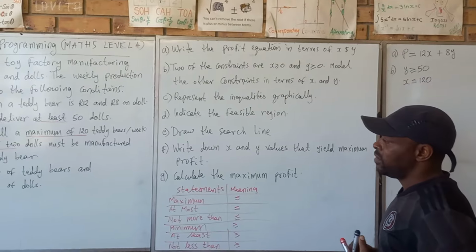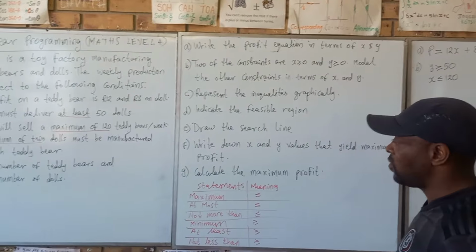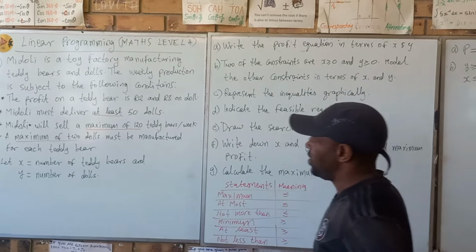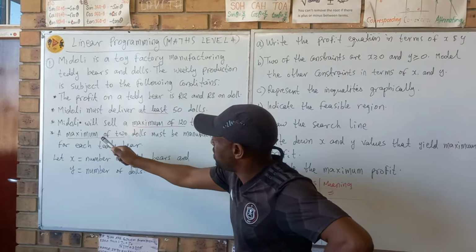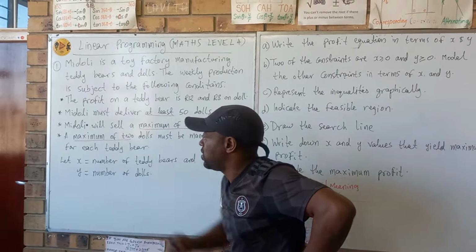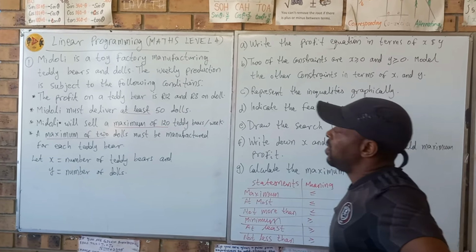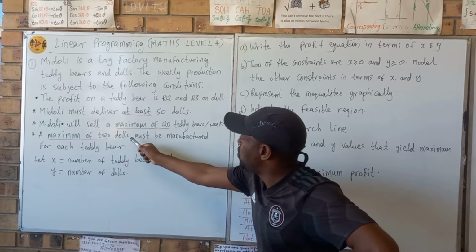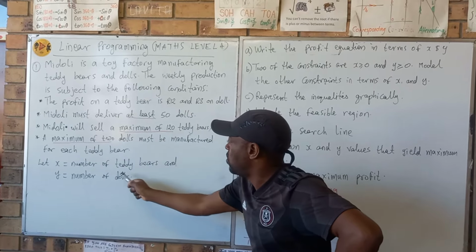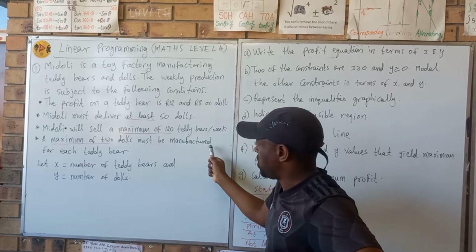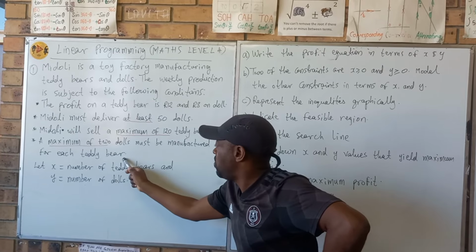Now the last condition is the interesting one, which needs us to really concentrate to get it right. It says a maximum, you see I've underlined the word maximum because it takes me immediately to the inequality sign. A maximum of 2 dolls, doll is Y, must be manufactured for each teddy bear.